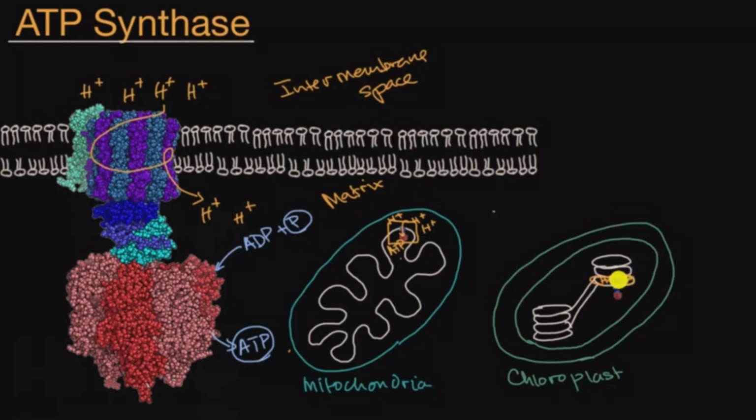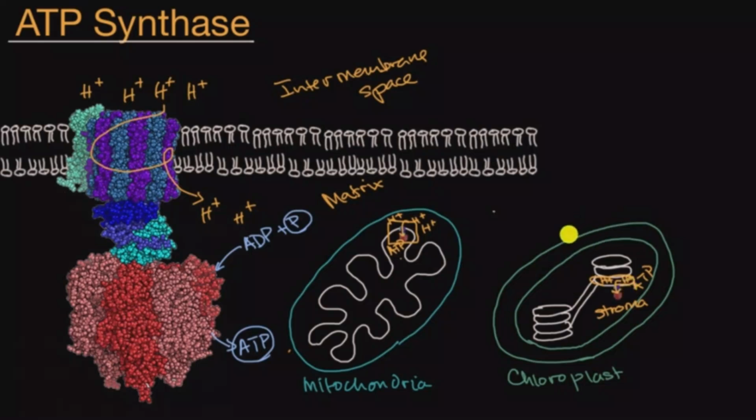But then those protons will travel through the thylakoid membrane to this area, which is known as the stroma in chloroplasts, and they produce the ATP in the stroma. But then the ATP is used in the second phase of photosynthesis to synthesize carbohydrates, which you could view as one of the end products of photosynthesis.